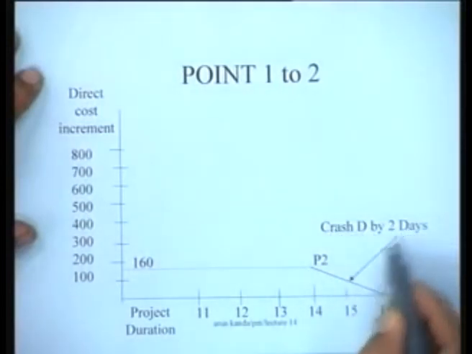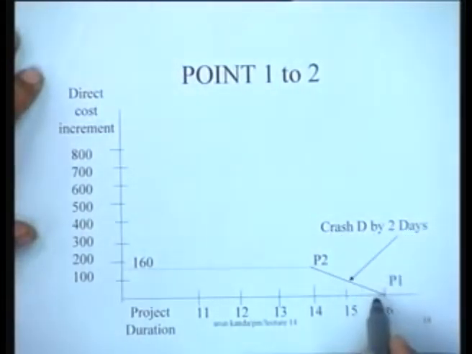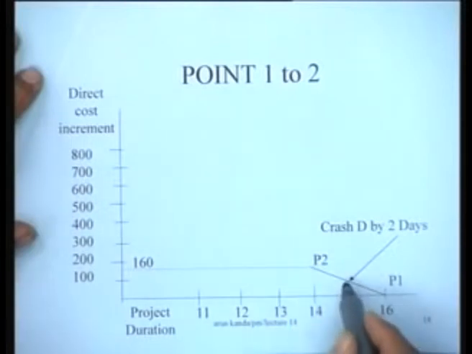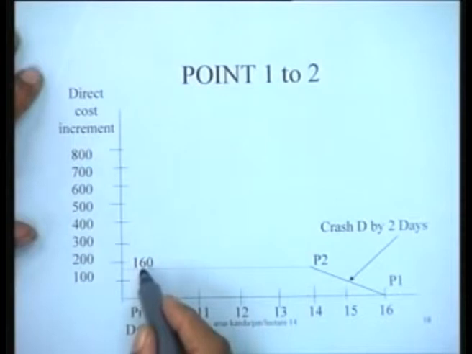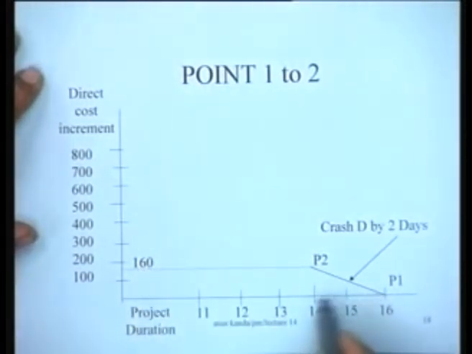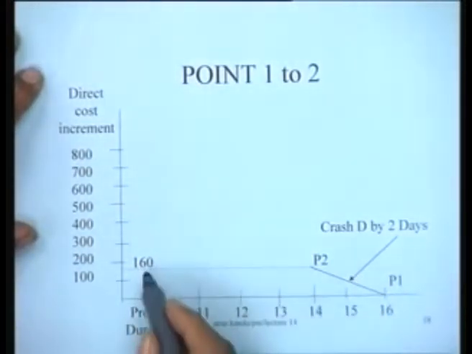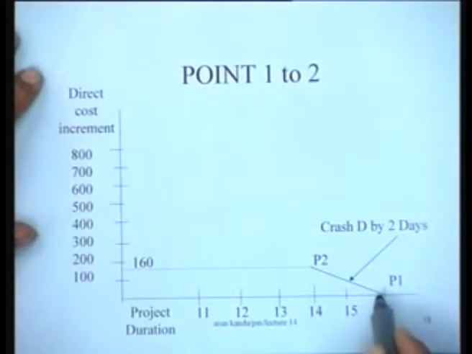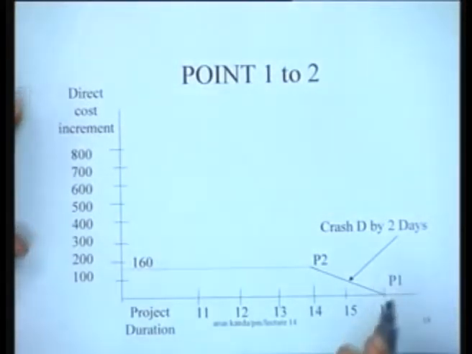If we crash D by 2 days, the project duration will reduce to 14 days, and we will move from the point P1 to P2, and since D has a cost slope of 80 rupees per day, the cost increase will be 160 rupees, because we have reduced by 2 days, so 80 into 2. So the basic increase in cost is 160 rupees above the datum level of all normal durations.